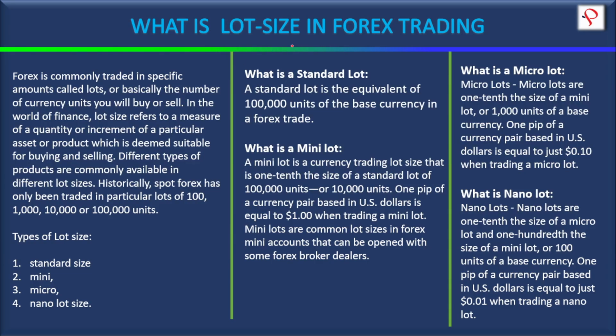We normally do those things with lot size. Is that clear? So forex is commonly traded in specific amounts called lots, or basically the number of currency units you will buy or sell. In the world of finance, lot size refers to a measure of a quantity or increment of a particular asset or product which is deemed suitable for buying and selling.